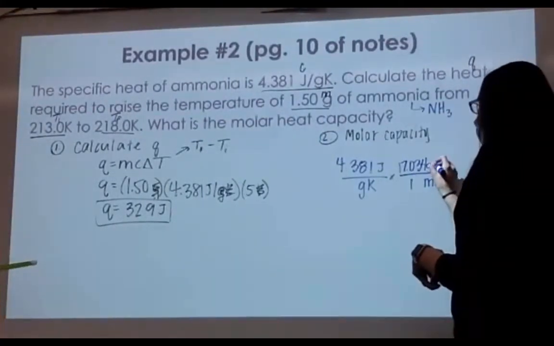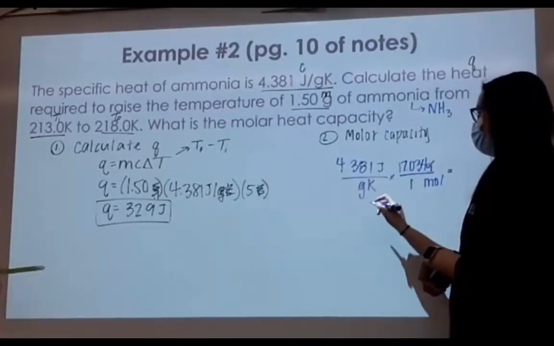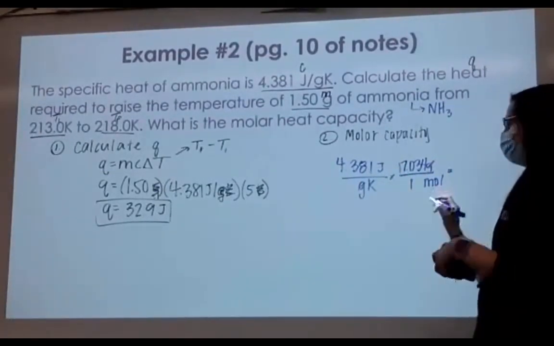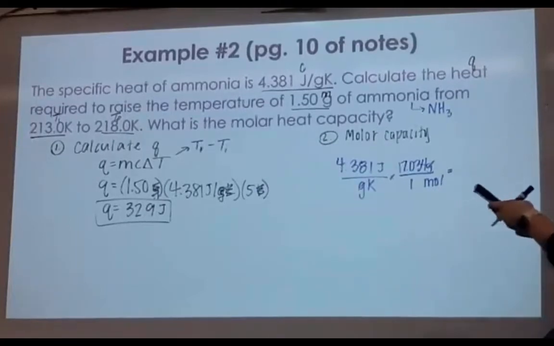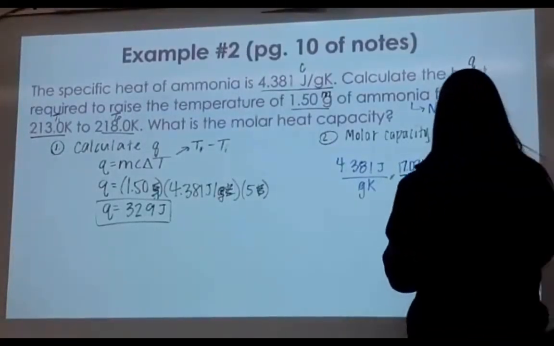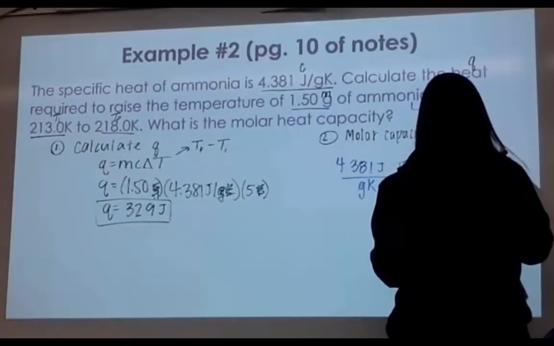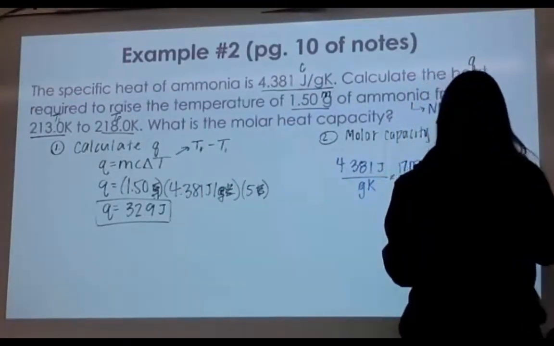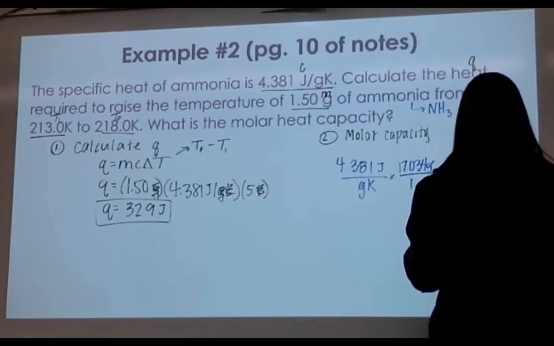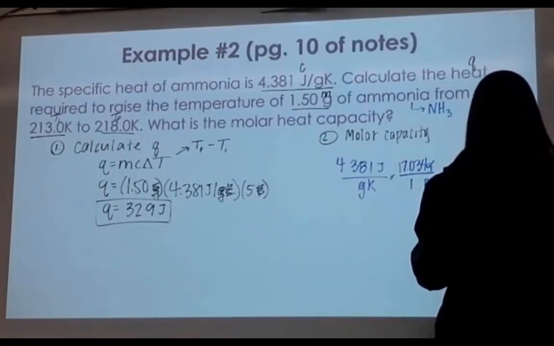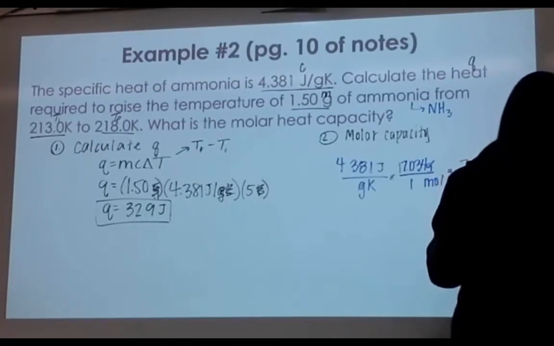So this allows my grams to cancel and give me joules over Kelvin and moles. So times 4.381. 74.63 joules per mole times Kelvin.